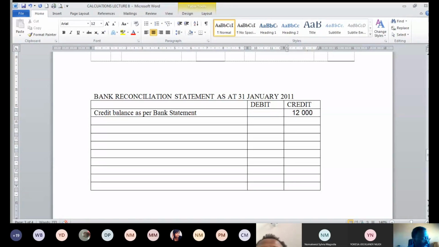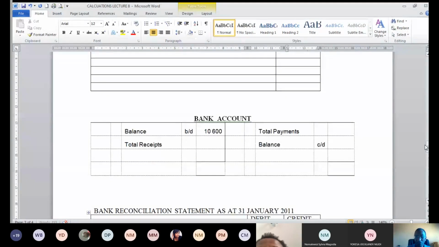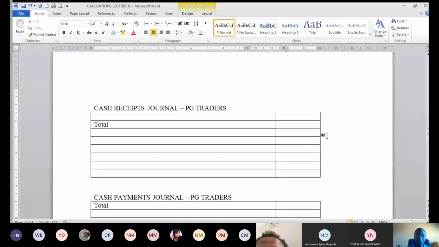I'm going on to number 3 now. The total for the cash receipts journal was 10,200, and the total for the cash payments journal on the 31st of January, before the bank statement was received. They give you those amounts. So record that in our cash receipts journal and our cash payments journal.